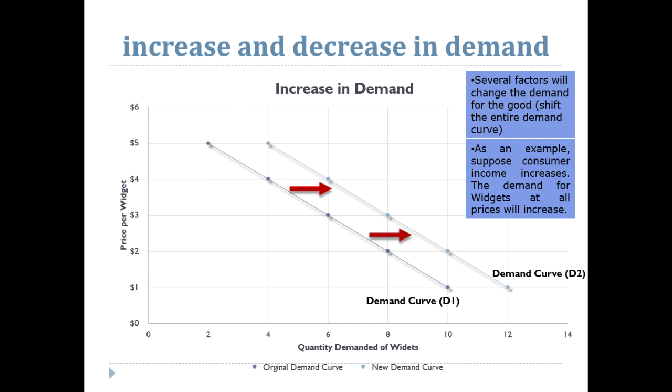The initial demand at $2 is 8 quantity. Now it is increased to 10 quantity. So the price is the same but demand increased, right? So that is known as increase in demand.